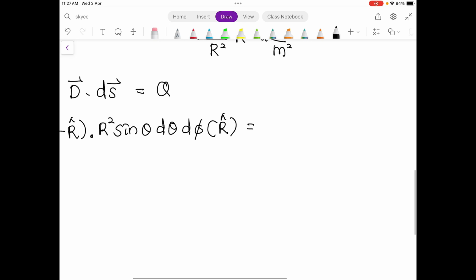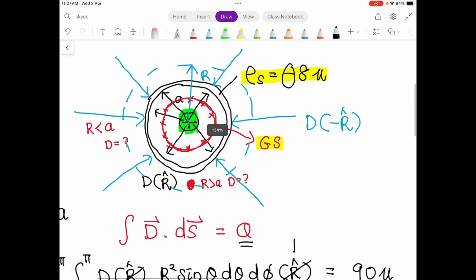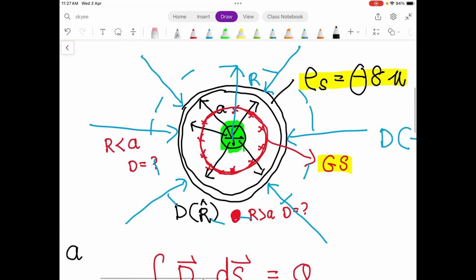Okay, let's look at the right hand side. You have the Q. So look again at your Gaussian surface, the blue one. In this case, you can see that it actually encloses two charge components. The first one is the point charge at the center. And the second one is the spherical shell.